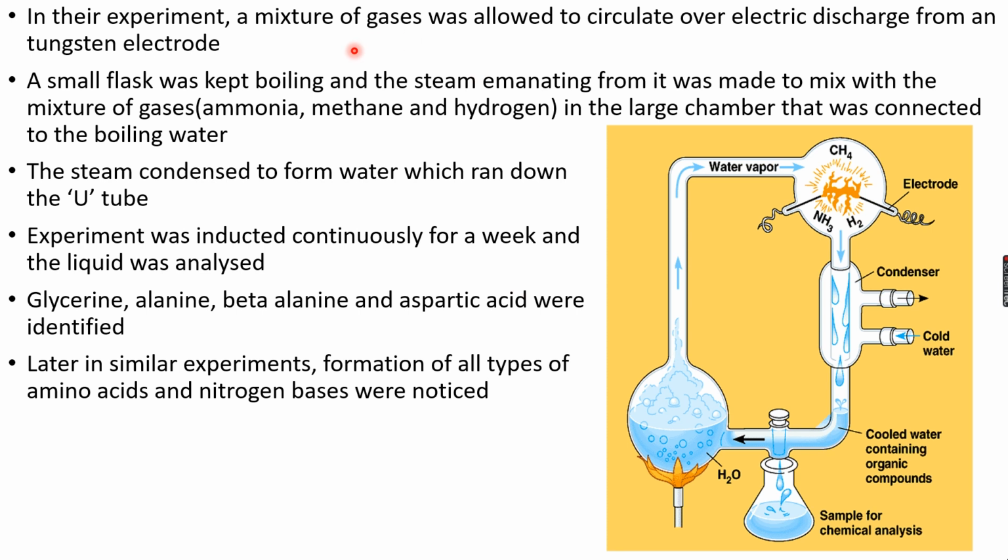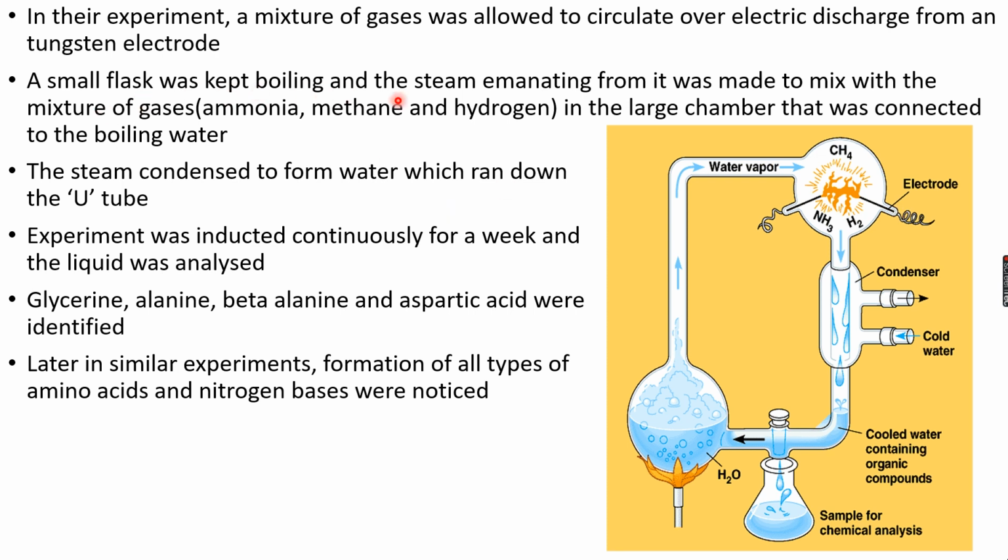Okay, so I'll explain this once again. The Urey-Miller experiment. First, in this experiment, a mixture of gases was allowed to circulate over an electric discharge from a tungsten electrode.